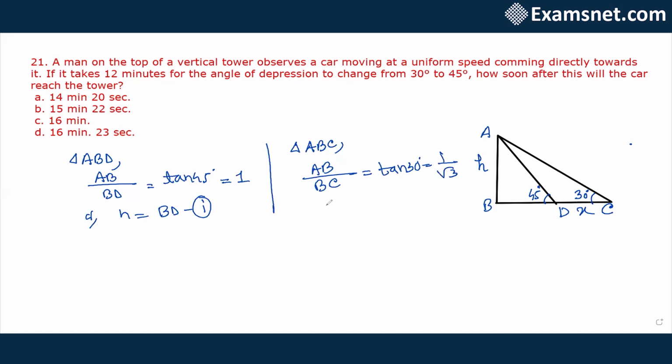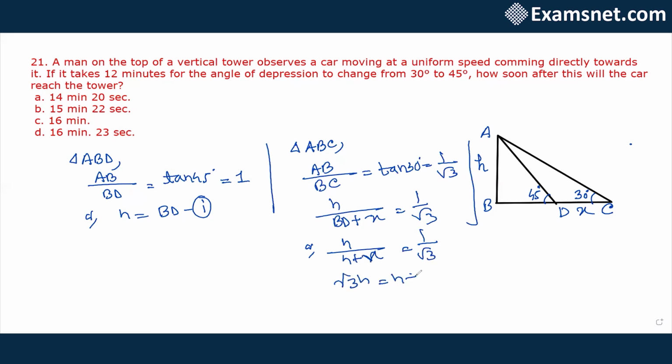Now BC can be expressed as BD plus CD. Now look here, we have already found from equation number 1 that BD is also H meter. So we can replace here BD with H. H by H plus X equals to 1 by root 3.